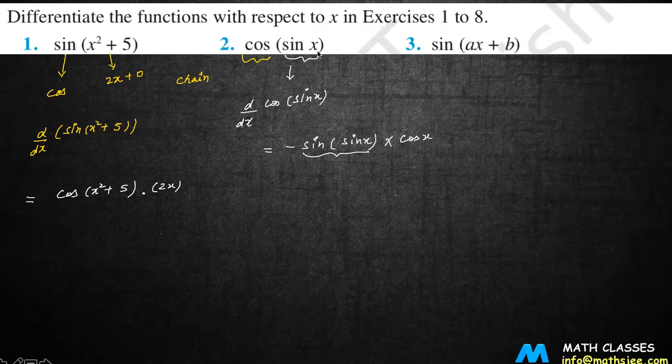Now what will be left is x, because we have to reach the final function. The derivative of x is 1, so there is no need to write it down. So we can directly write minus cos x into sine of sin x. This is the derivative for the second function.